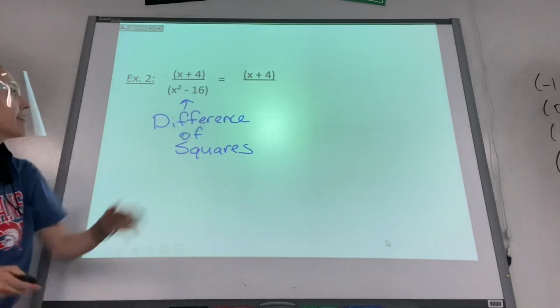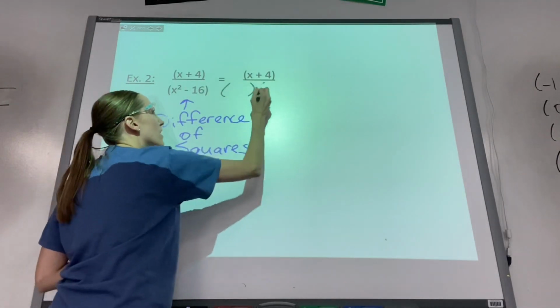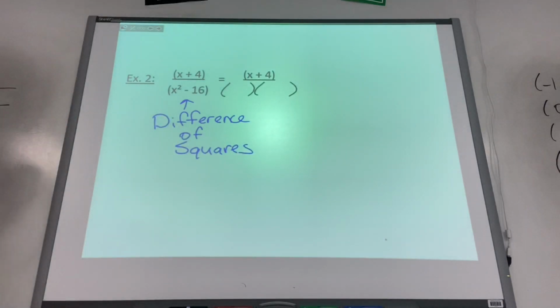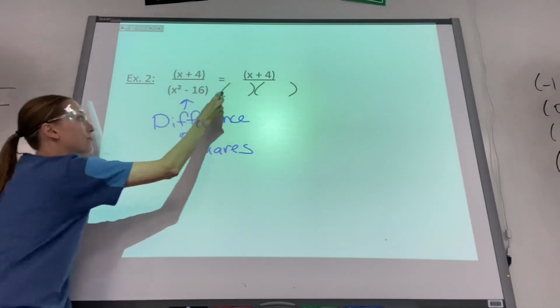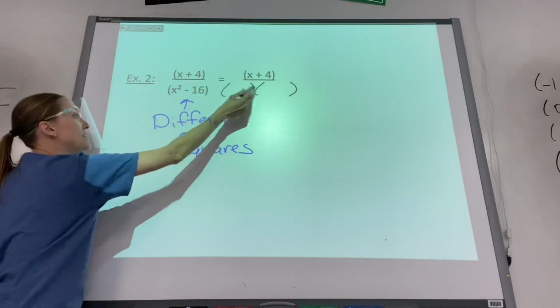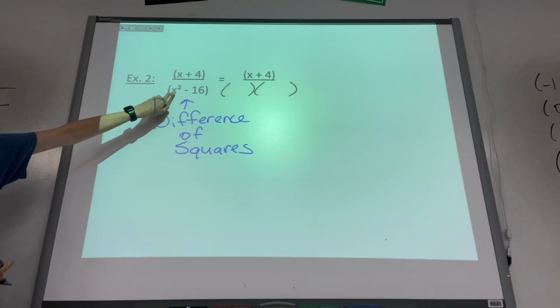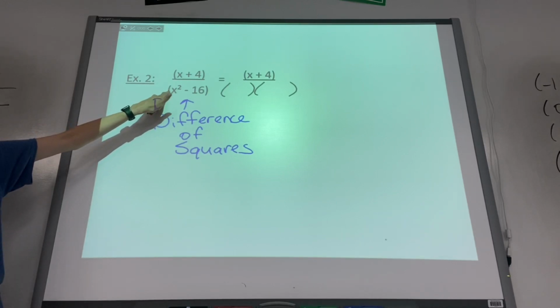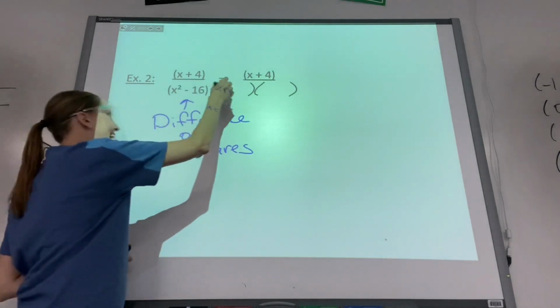So I'm leaving the x plus 4 on top. And if you forgot how to do a difference of squares, let me remind you. First of all, the term that you're going to put first in your parentheses comes from whatever you have to square to get the first term over here. What do we have to square to get x squared? x.